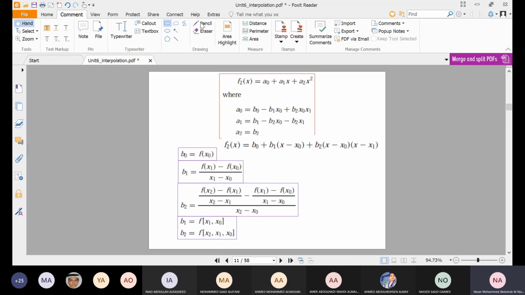So what we usually do is take these sub-intervals. I will say, for example, f of x2, x1, minus the second term, where I take the divided difference between x1 and x0.